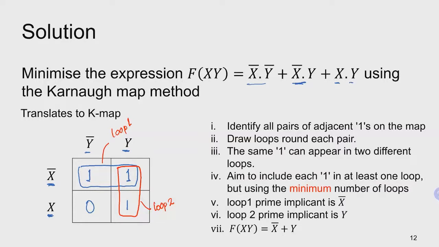So we OR the two together, meaning that this function can be minimized to x bar OR y. In other words, if we were to build a logic circuit of this, it's the same as if we build a logic circuit of this. You get the same output from these two logic circuits.